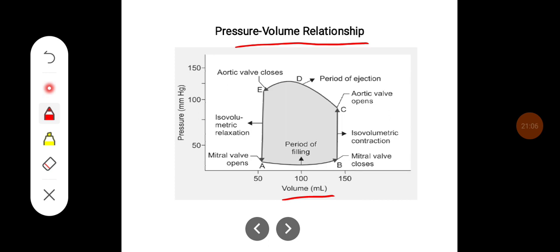That increase in pressure opens the aortic valve, which causes the rapid phase of ejection and then the later slow phase of ejection, so that closes the aortic valve. And then the isovolumetric relaxation phase happens when the pressure falls from 120 mm Hg to almost less than 50 mm Hg.